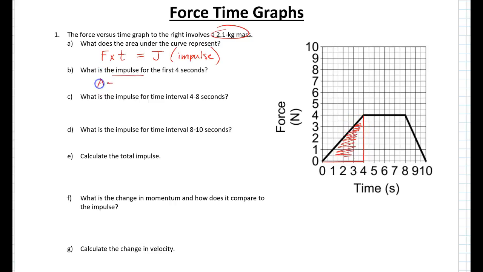The area is 1/2 of the base times the height, which is 1/2 times 4, and the height is also 4. That's 8. The correct unit for impulse is the Newton multiplied by the second, so Newton seconds.